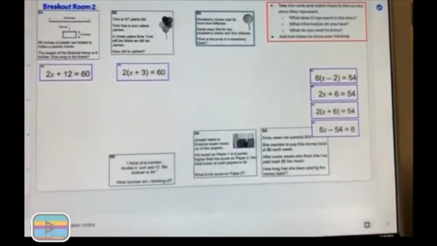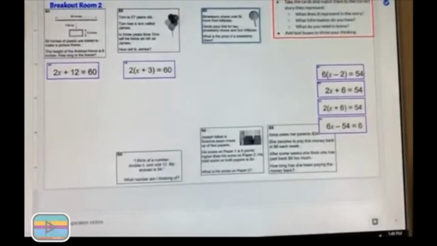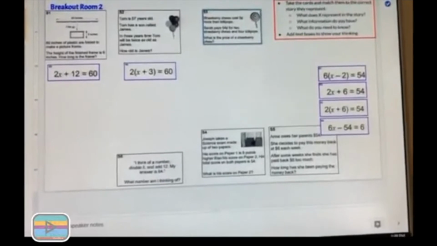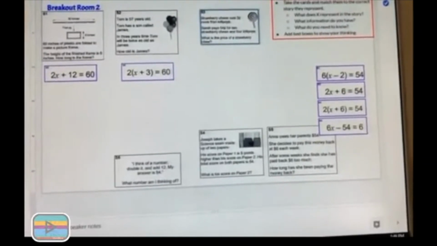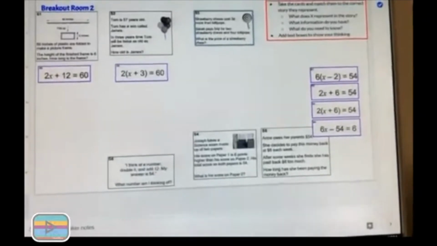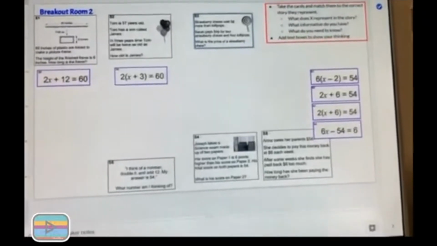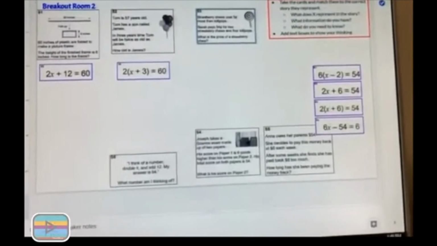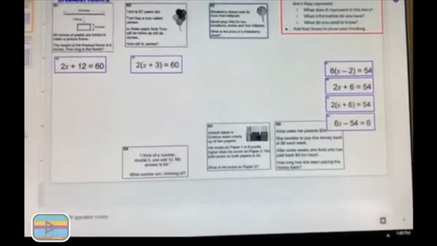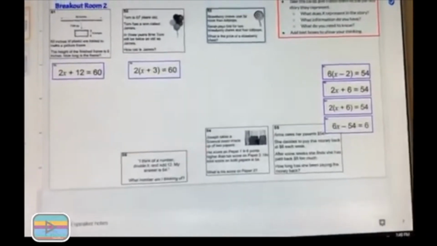So it'd be 6 cents. It would be 6 cents above the lollipops because she bought 2. So I think we would do... this one's a little tough.